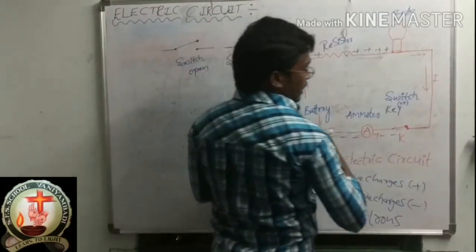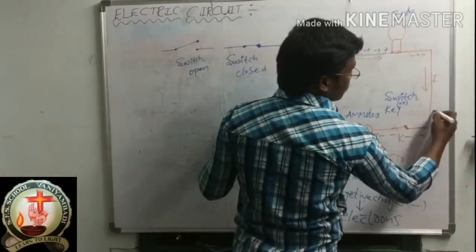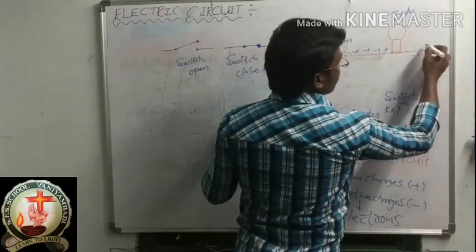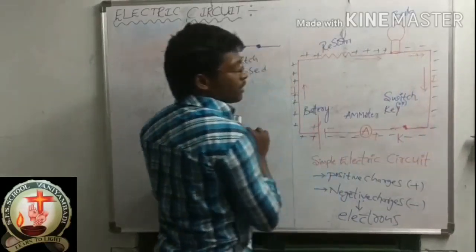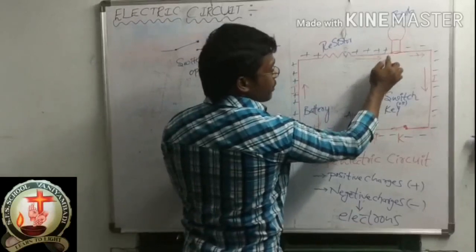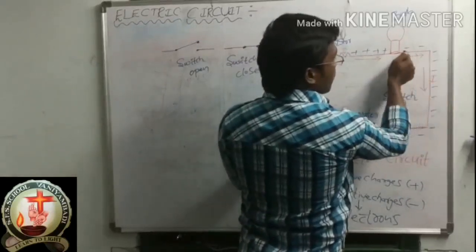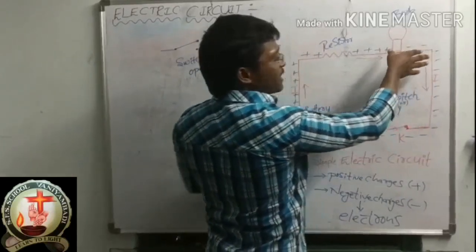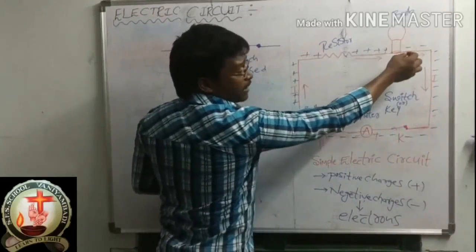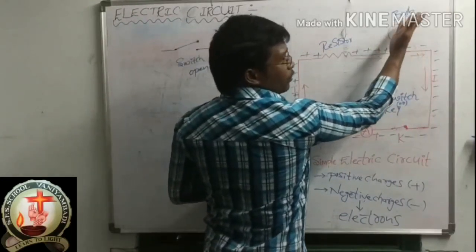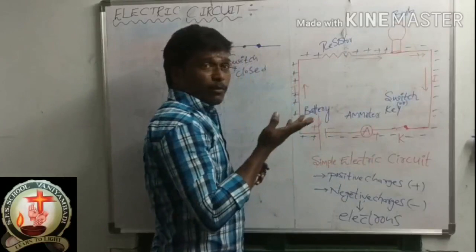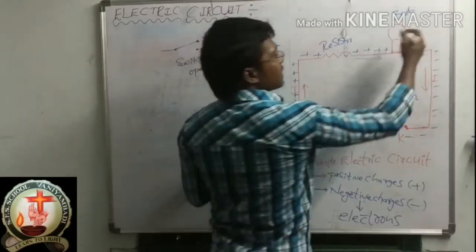So all the negative charges will reach this end. Positive charges will reach this bulb, negative charges also will reach this bulb. Whenever both charges reach the bulb, this bulb will glow like this.